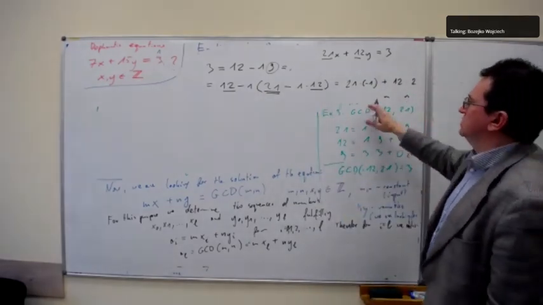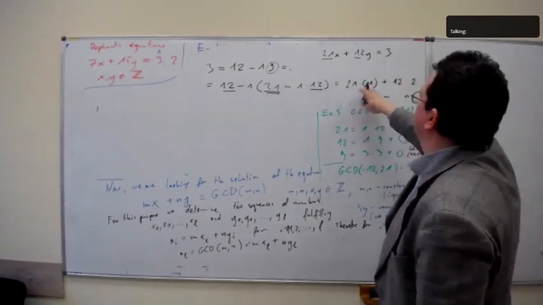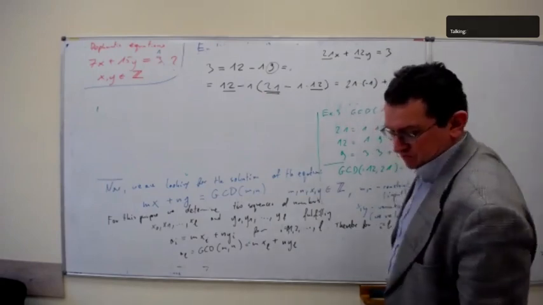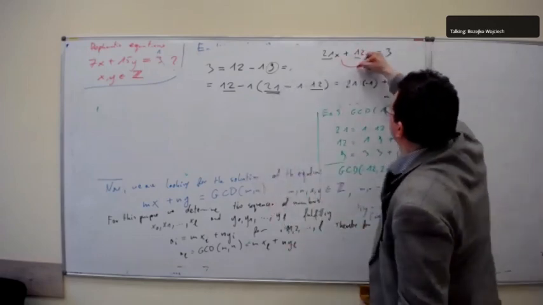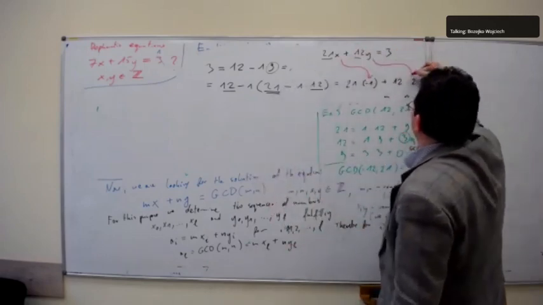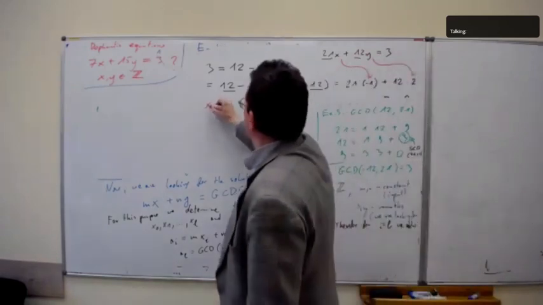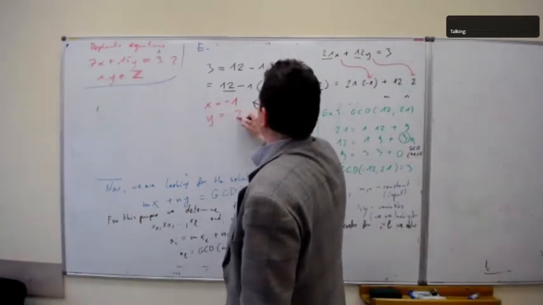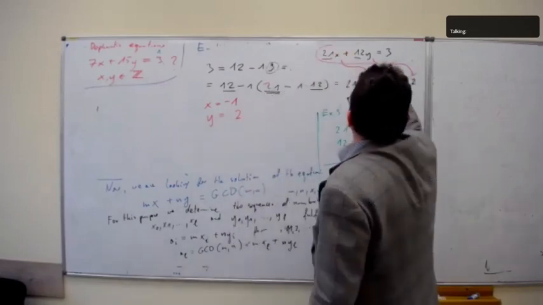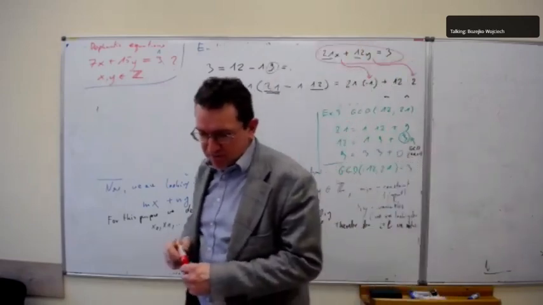And you can check that this is minus 21 plus 24. In fact, we have here our x and our y. So the solution is x equals minus 1, y equals 2, and this is the solution of this equation in integer numbers.